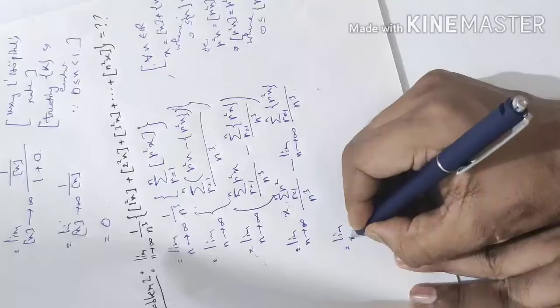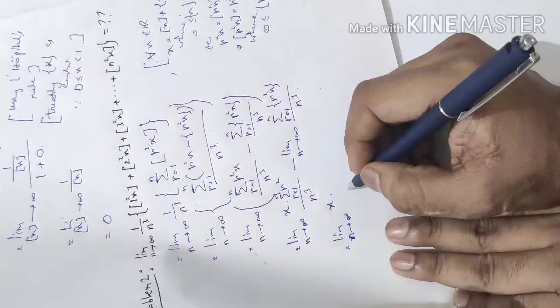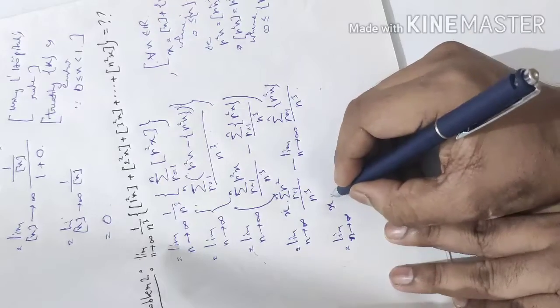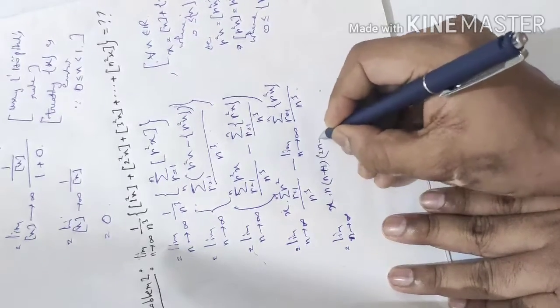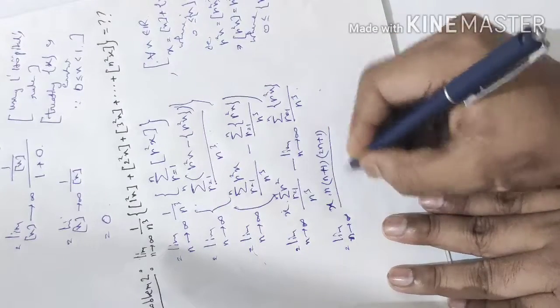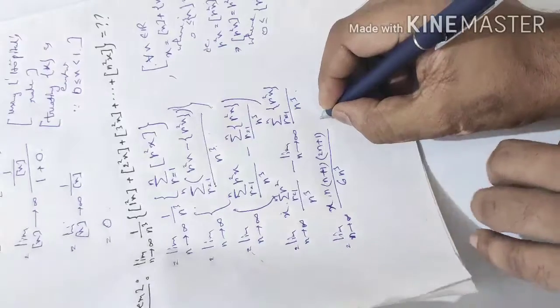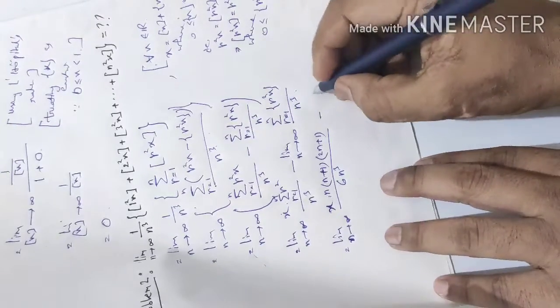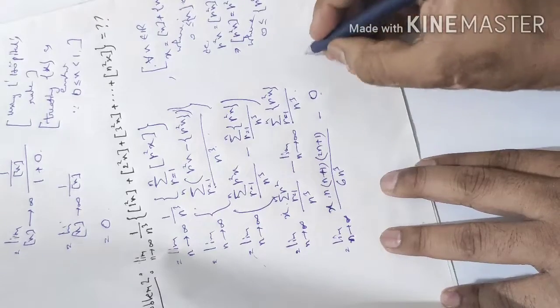Limit n tending to infinity of x times the sum of first n squares, n into n plus 1 into 2n plus 1 by 6, and here n cube, minus 0. Why?